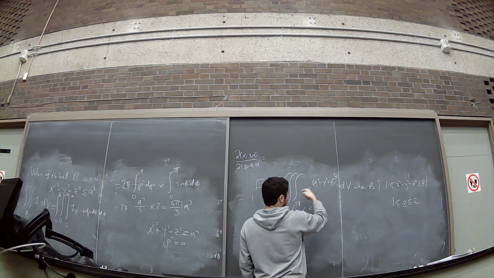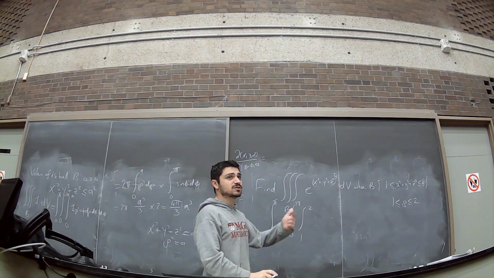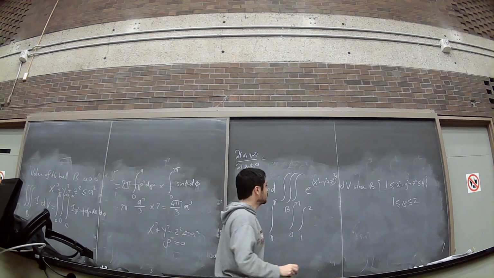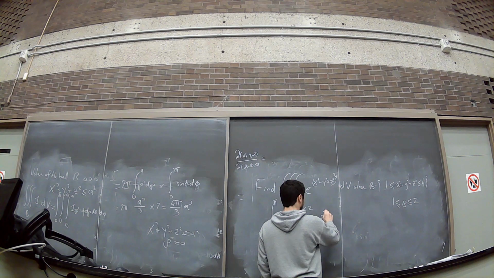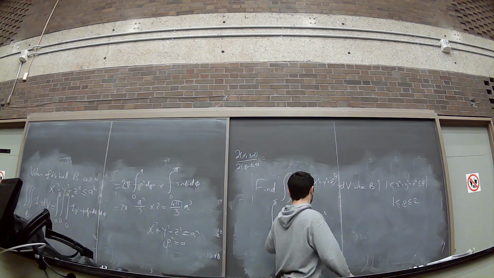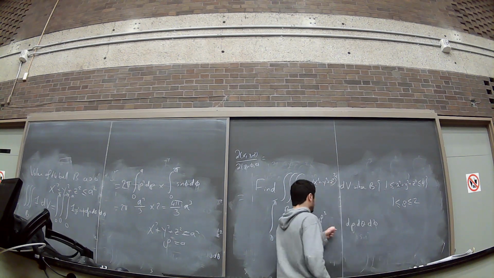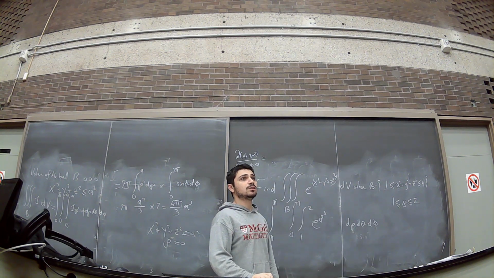What becomes of x squared plus y squared plus z squared to the 3 halves? It becomes rho squared to the 3 halves, which becomes rho cubed, right? So e to the rho cubed. Now, to change the dV into d rho d theta d phi, what do I have to put to take into account the Jacobian? What is my Jacobian?